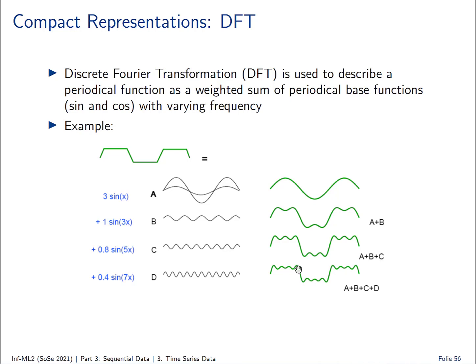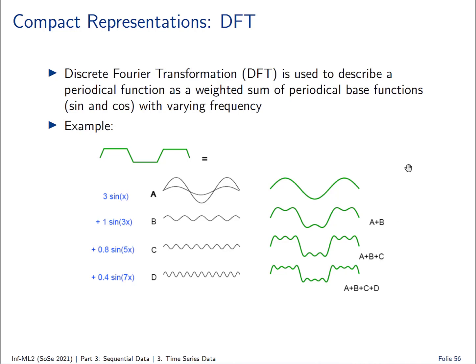You see that if we use a combination of these 4 different base functions here, 3 sin x, 1 sin 3x, 0.8 sin 5x, and so on. If we use just the combination by just adding all that stuff, we get a very, very complex signal here, obviously, or we can represent very, very complex signals here.